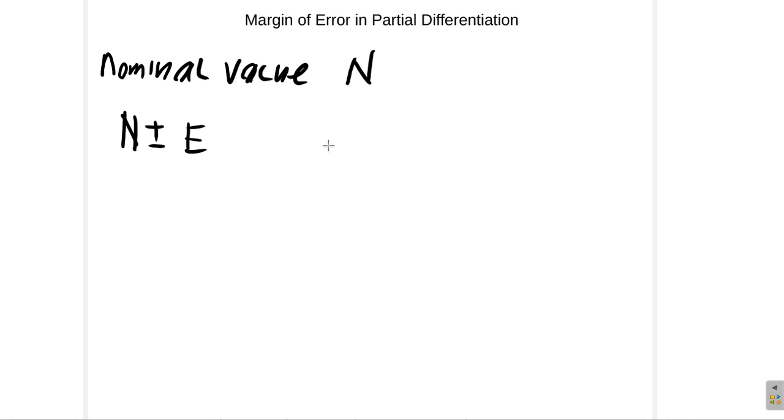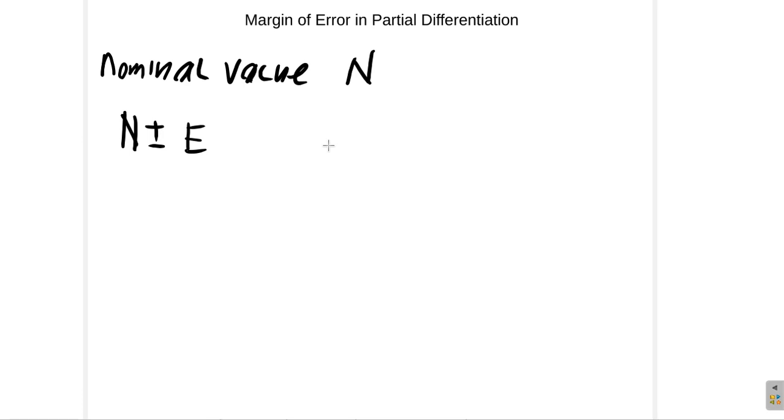It could be that it measures 5 meters plus or minus 3 millimeters. Because when you're manufacturing, you cannot manufacture any component that is exactly a certain value. There's always going to be some tolerance. It might be slightly larger or slightly smaller than the nominal value.